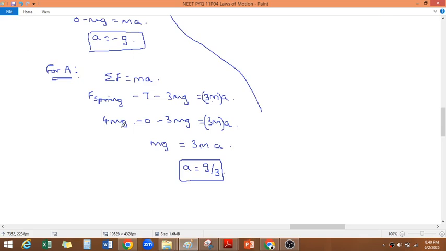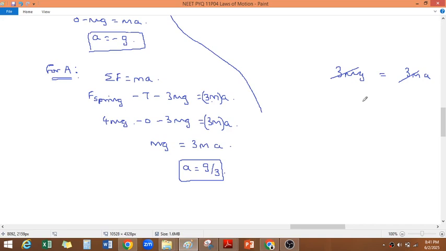If you do it for A, you said 3 mg, and then this side will also be 3 ma. Then you will get a wrong answer. You will get A is equal to g. Do you agree?